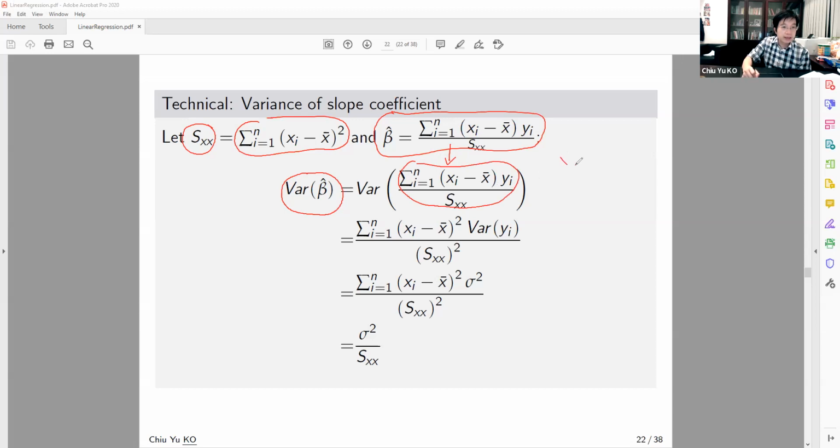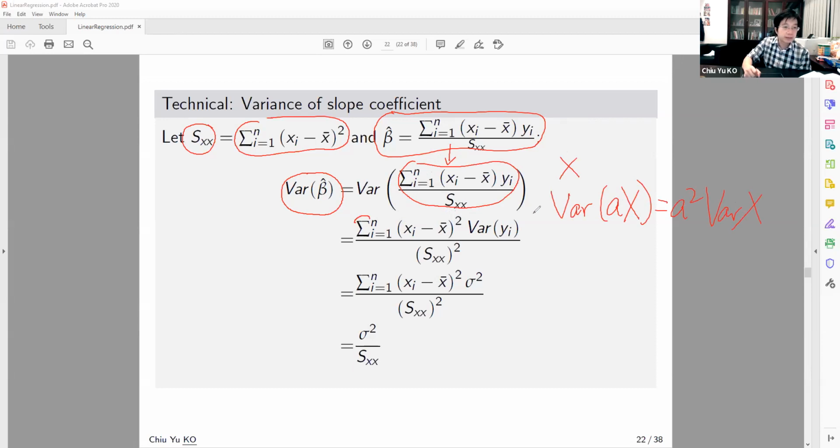So remember x is a constant, so you can take it out. The whole thing can be taken out, and you take the square, right? The idea is the variance of a times x is a squared times the variance of x. Of course, first you take the summation out.